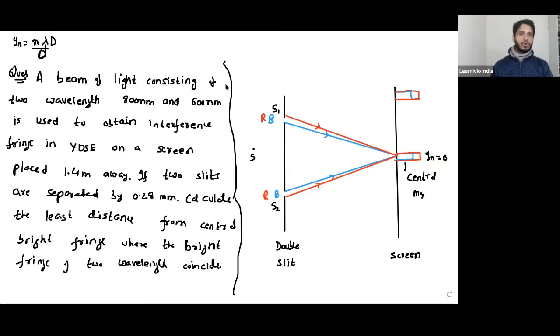Now, since I don't know the exact number of the fringe, which fringe will coincide first, second, third, fourth, fifth, or whatever, I'm taking one as the nth fringe. For blue, I'm saying this is the nth bright fringe. And for red, I'm taking the mth fringe.